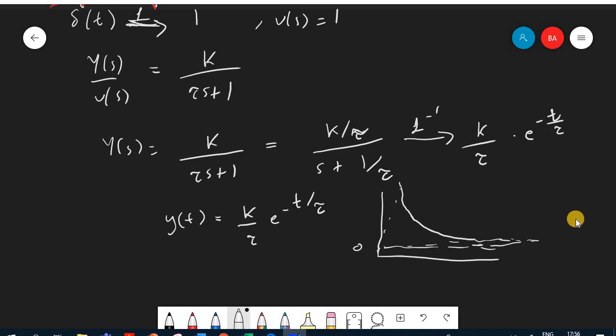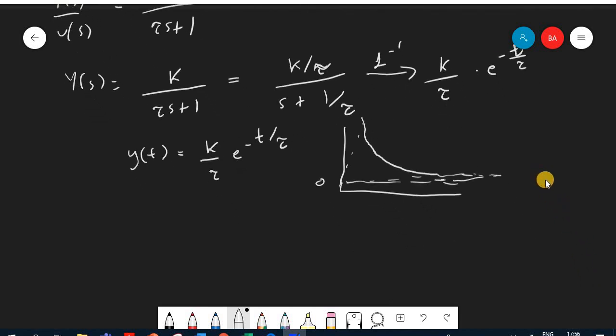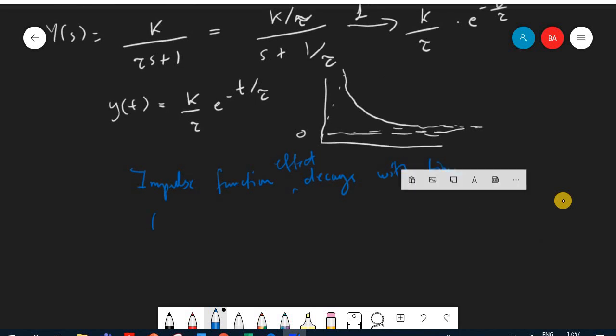Okay, so this is what I have here in my process, and it's very clear that my impulse function decays with time. The impulse had an effect, and the effect went away. Its effect decays with time, and the decay goes back to 0.